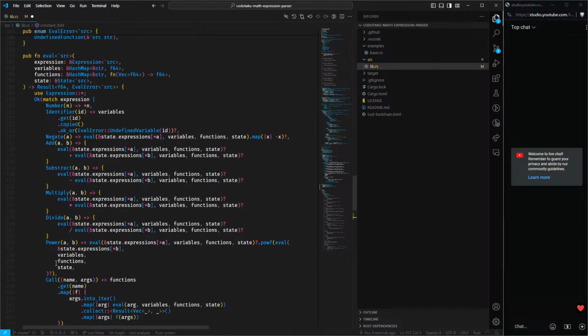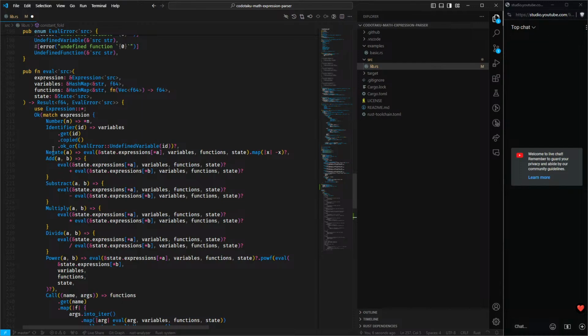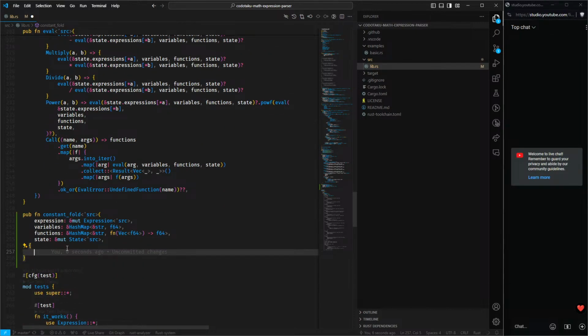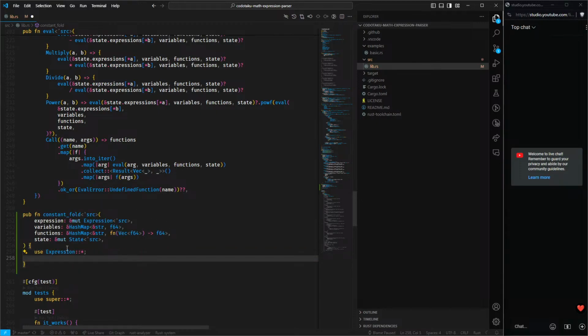Cool. So let's start simple by, let's say, constant propagating the negate expression. If you have minus minus 1, it would just get optimized into 1, you know. So how can we do this? Well, of course, as always, we're just gonna import all the expressions to make our typing life easier. And we're gonna match on the expression.